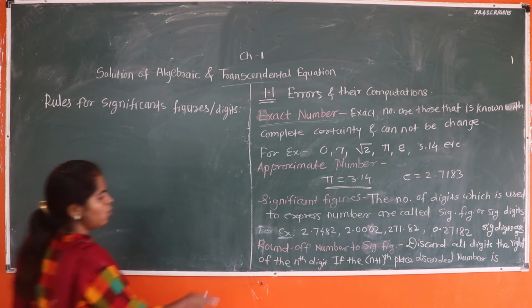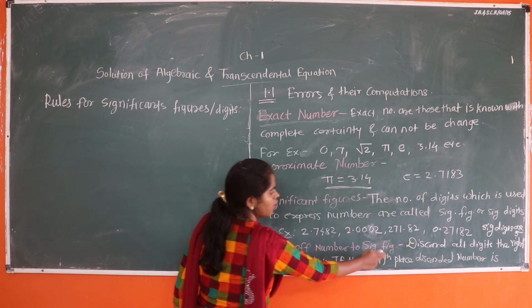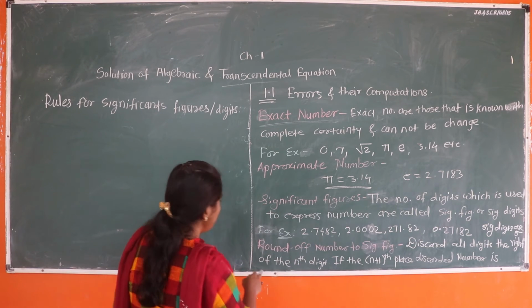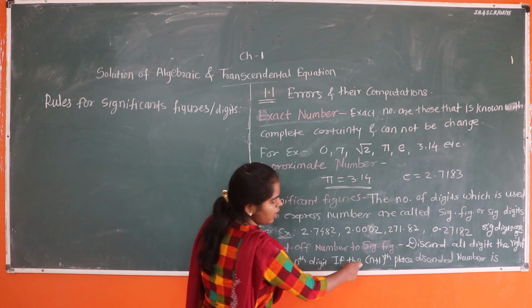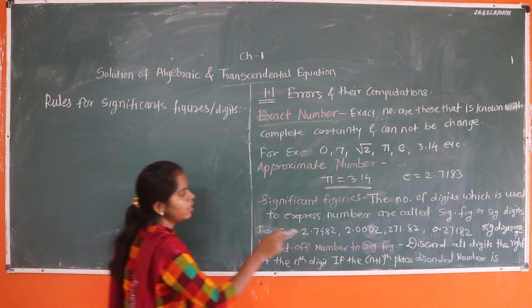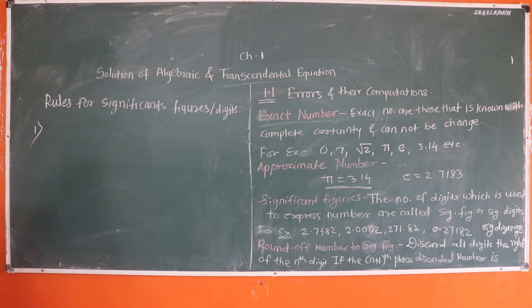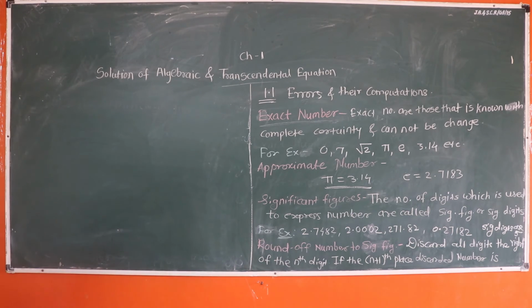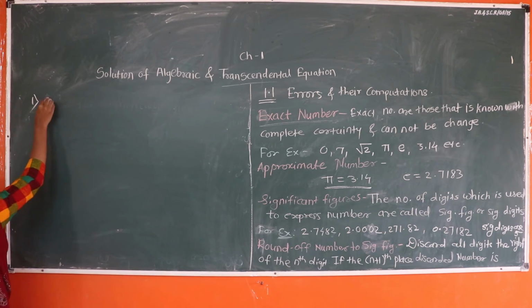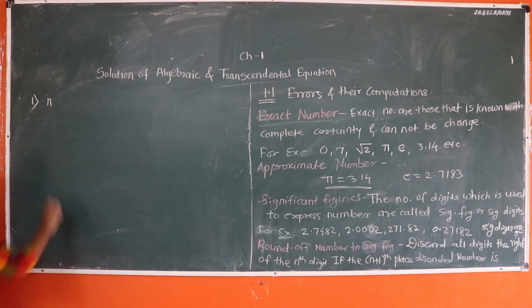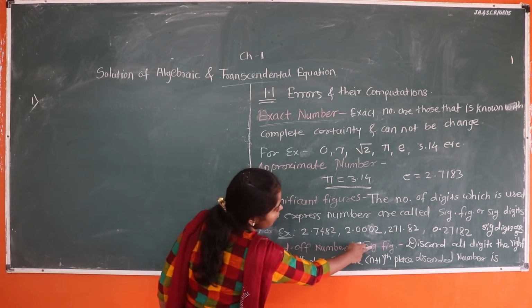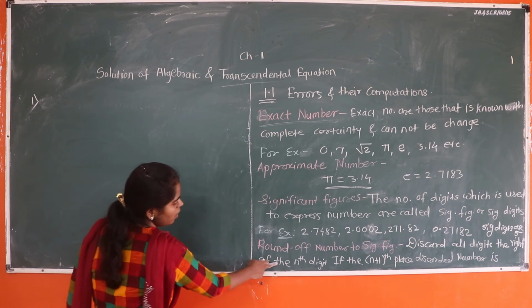Next topic is rounding off a number to significant figures. Rounding off to n significant figures means discarding all digits to the right of the nth digit.